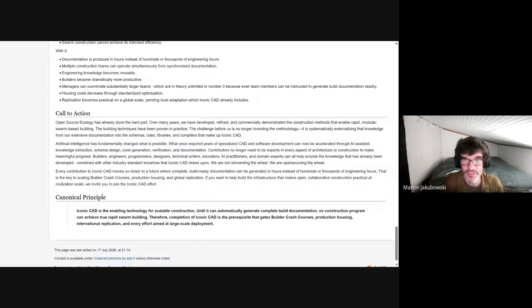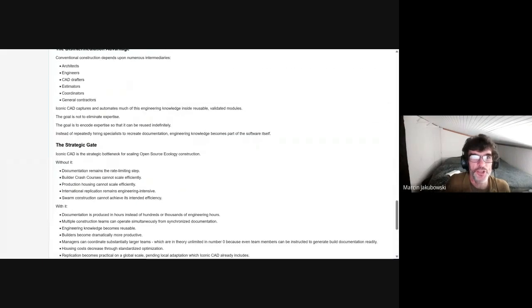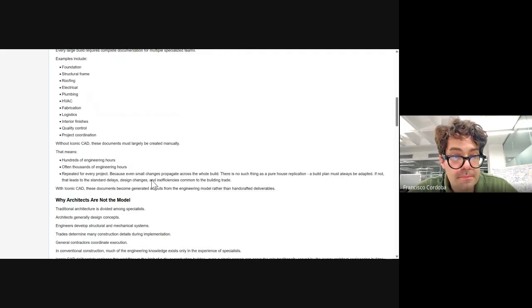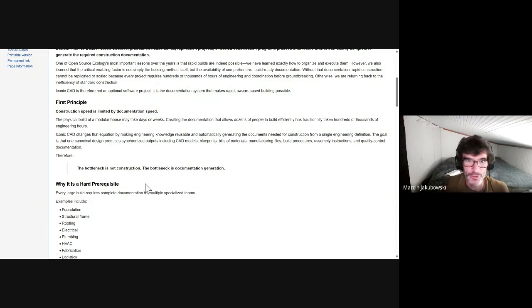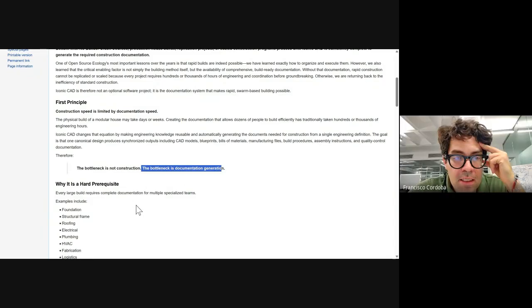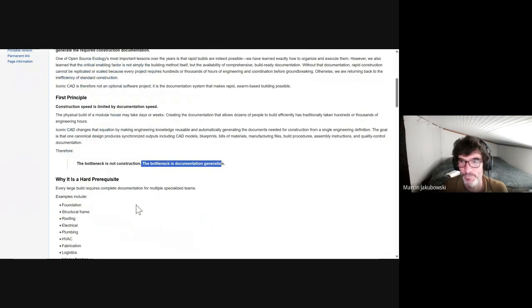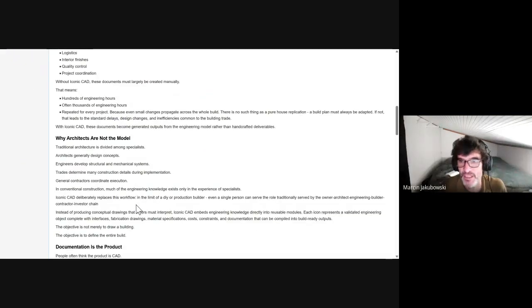One of the most important lessons over the last few years or decade: rapid builds are crazy possible, but in order to do that, the key is documentation generation. Interesting. Yeah, you can't replicate this without complete documentation.